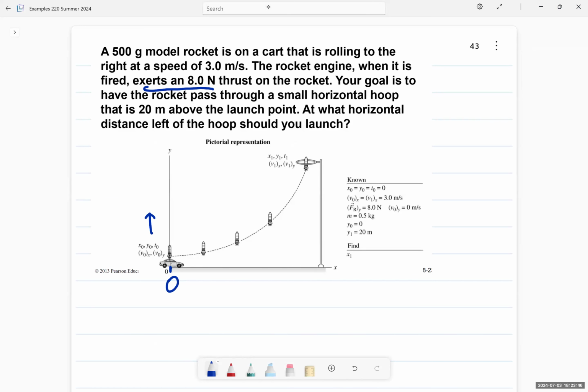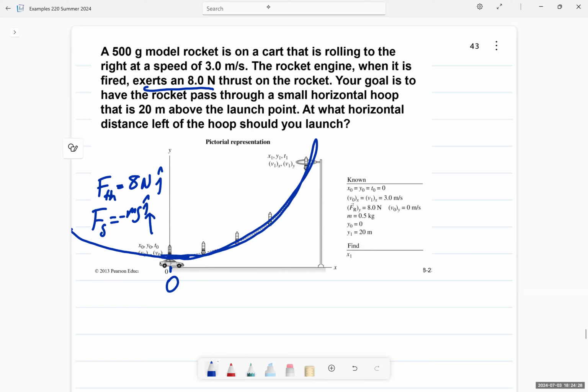So the idea is, as you launch the rocket, it's going to be more or less undergoing a circular path like this. If you assume this is part of an overall circular motion, then at the instant it's launched, you are giving it an upward thrust force, and gravity will be in the opposite direction, F_G.